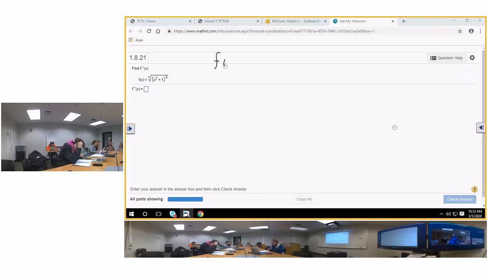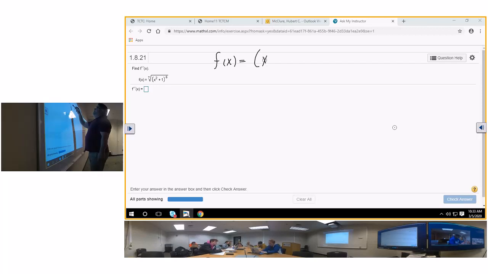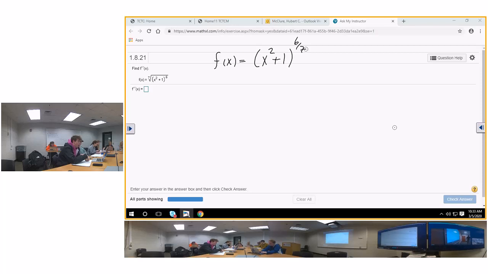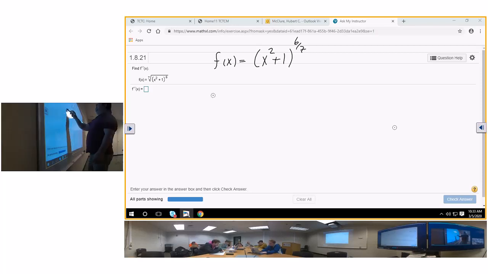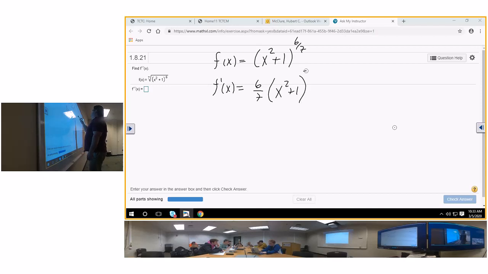f of x is equal to x squared plus 1 to the 6/7 power. Chain rule, f prime of x is equal to 6/7 x squared plus 1 to the what?